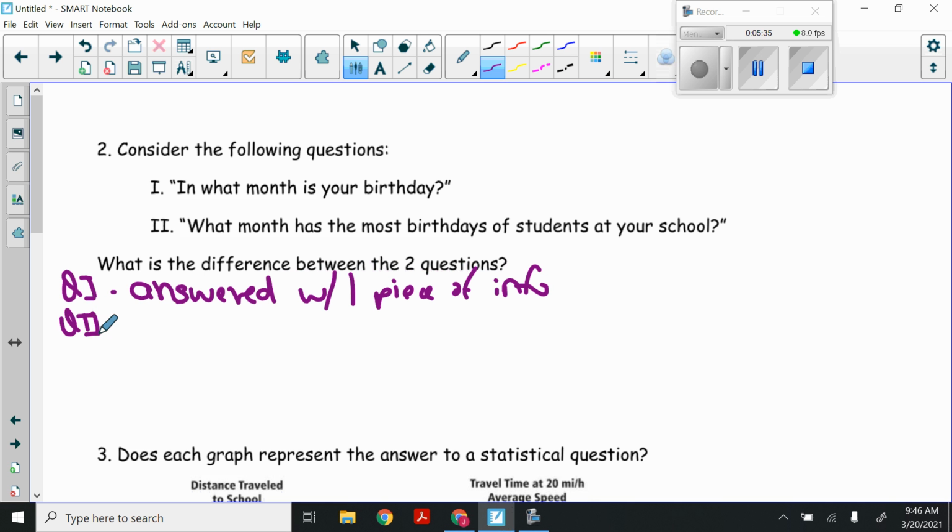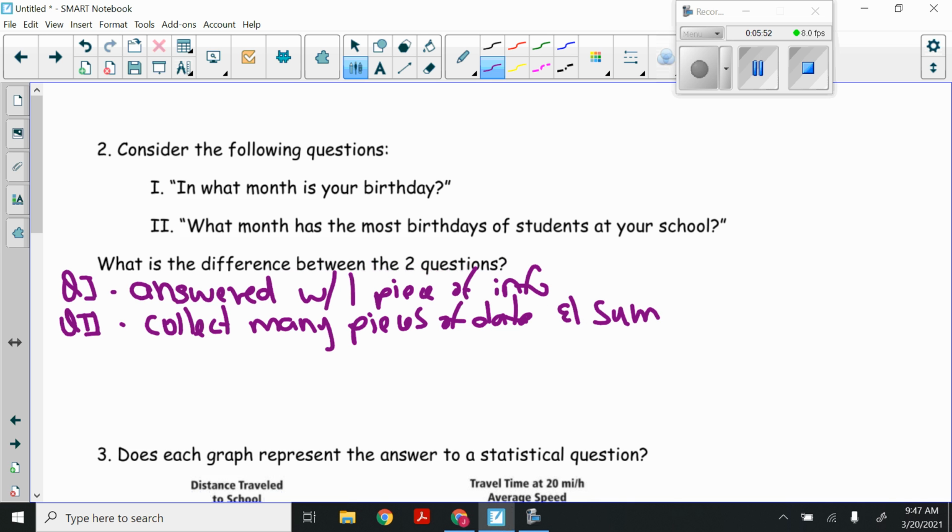Question 2, on the other hand, you're going to have to collect many pieces of data and summarize those. Question 2, since we are collecting data and summarizing it, is a statistical question.